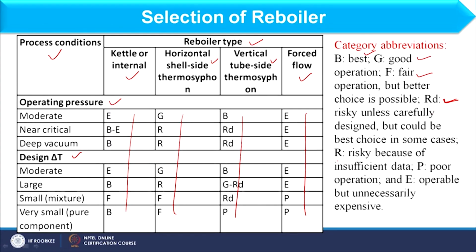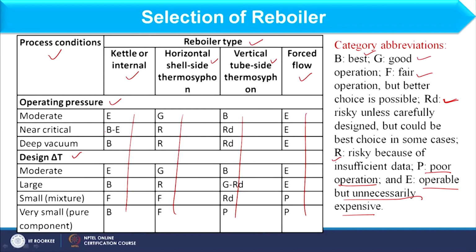Capital R is risky because of insufficient data, P is poor operation, and E is operable but unnecessarily expensive. So, depending upon all these categories, we have given different alphabets to different reboilers.